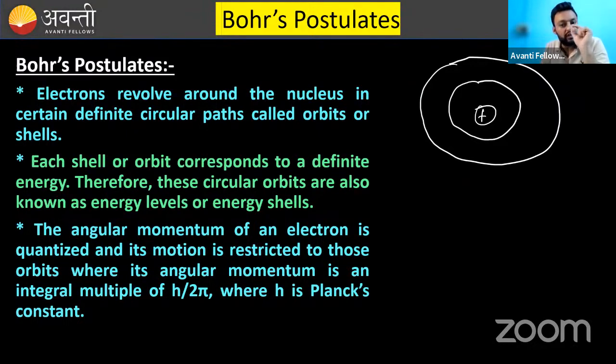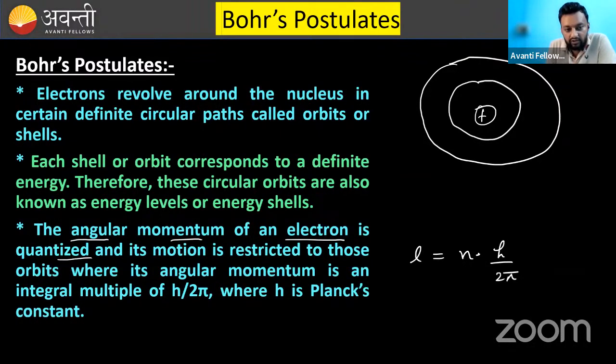It revolves only in those orbits in which its angular momentum, which is L, is an integral multiple of h over 2 pi. This is the most famous statement of Bohr: the angular momentum of an electron is quantized, an integral multiple of h over 2 pi.